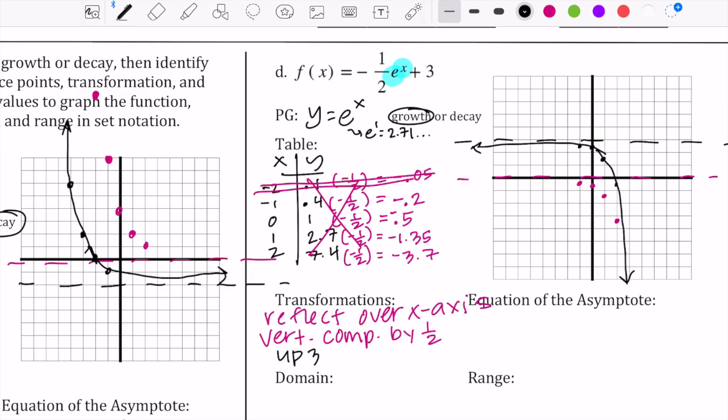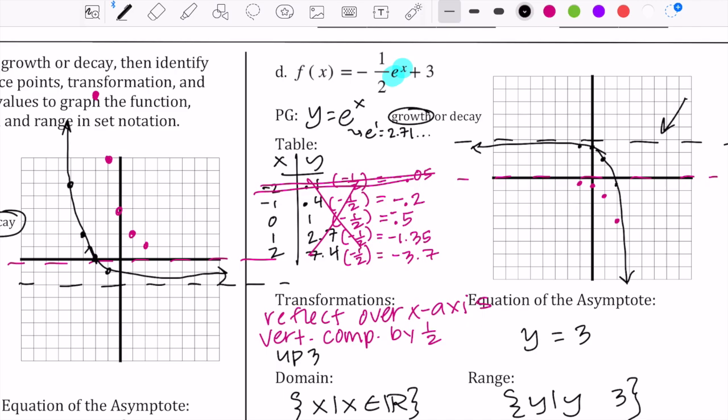Like that is what our graph looks like. The equation of the asymptote is y = 3. The domain is x such that x is an element of the reals, and the range is y such that y, and then it's at 3. But again, because this graph is now below this line, we're going to change this to less than.